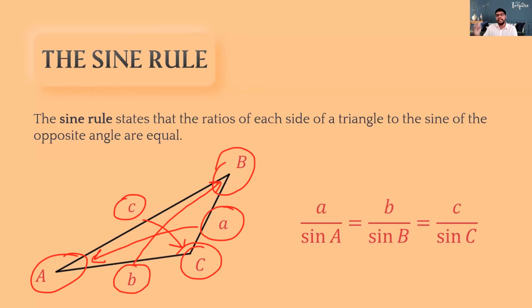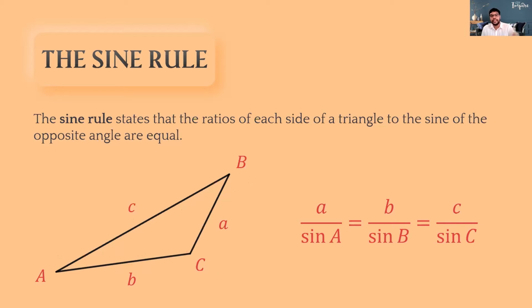If you take the length of one side of the triangle divided by the sine of the opposite angle, that is the same ratio in all three sides, is what it's saying, children. So this is the sine ratio.